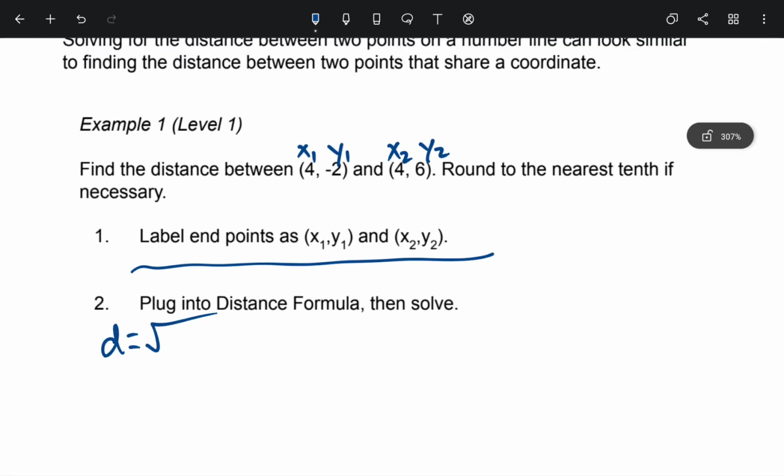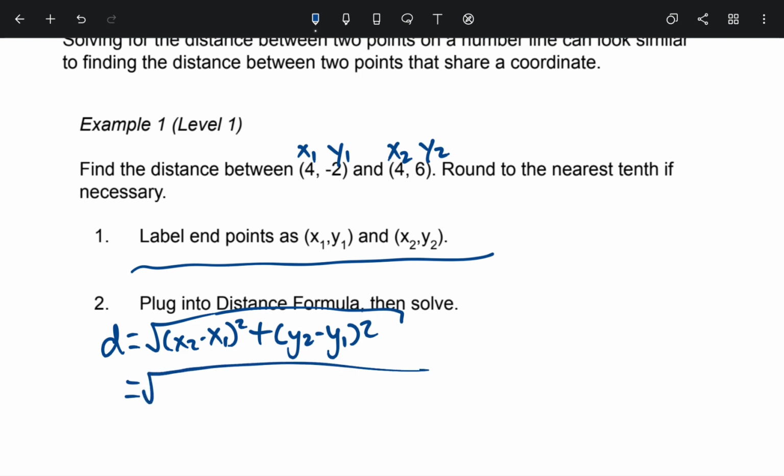So d equals the square root of (x2 minus x1) squared plus (y2 minus y1) squared. x2 is 4, and x1 is 4.